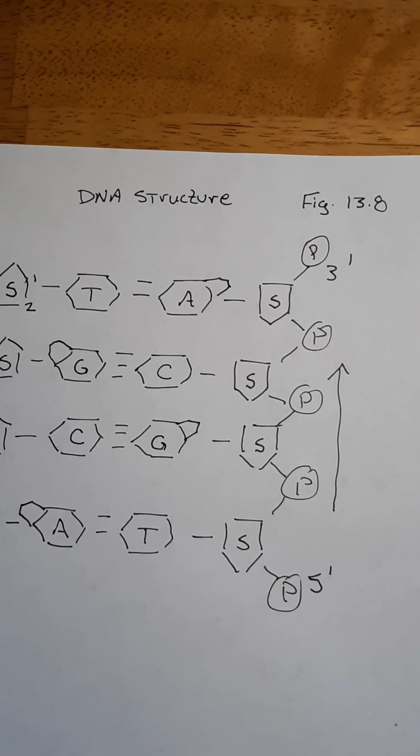We'll talk about that later, but RNA would not have thymine, it has uracil. Uracil replaces thymine in RNA. And then this is our sugar. This particular sugar, since we're talking about DNA, is called deoxyribose. What that means is that this sugar has one less oxygen atom than the sugar that you find in RNA. And then out here, this, of course, is our phosphate group.